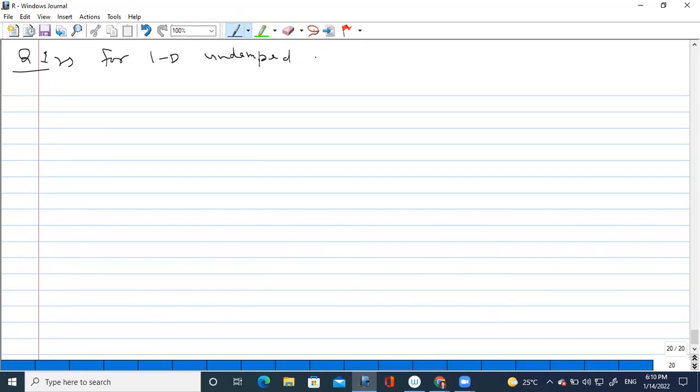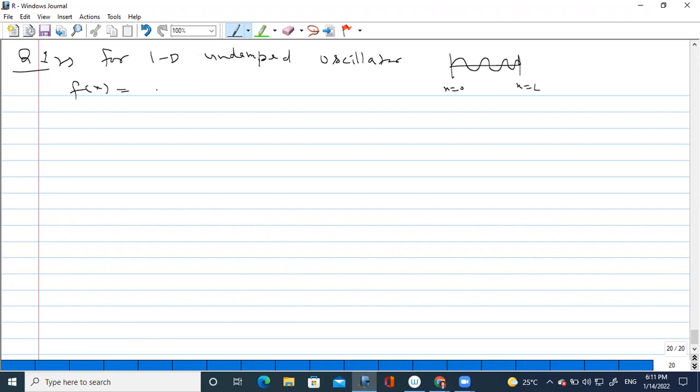For a 1D undamped oscillator, oscillator means it is creating the waves. They have given this picture also. This is x equal to 0 and x equal to L. And these are the waves created.